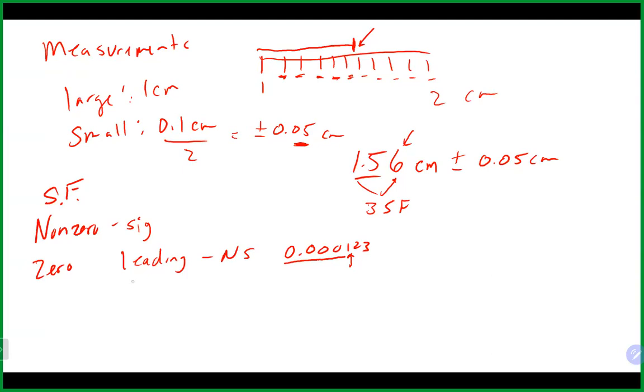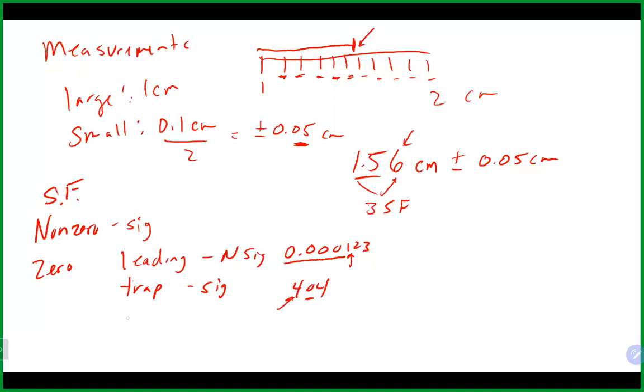There's also trapped zeros or captive zeros, and those are significant. So if you had something like this, the zero in the middle would be significant as it is trapped. And if you're counting your significant figures, you would start with that number there and continue on to the right.